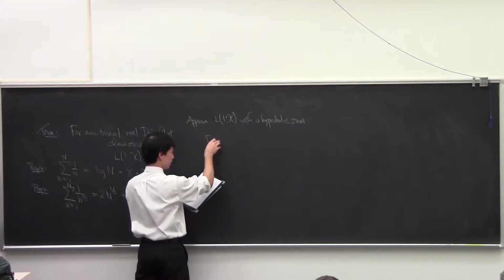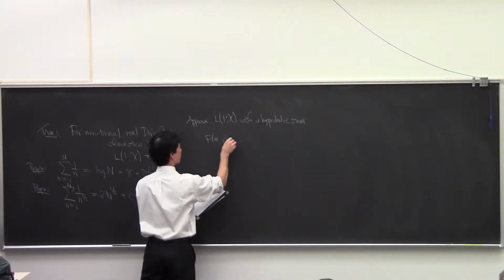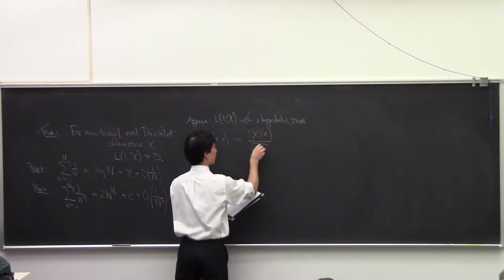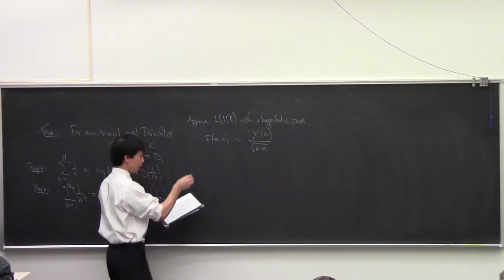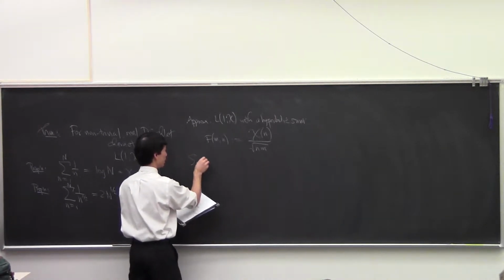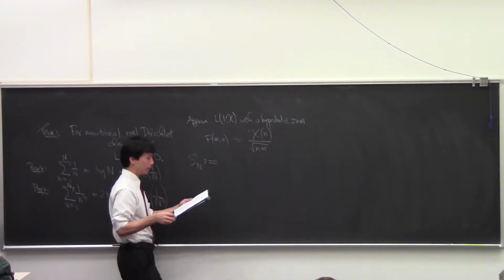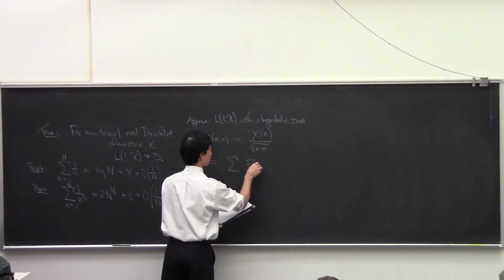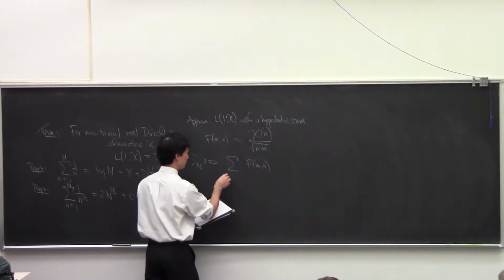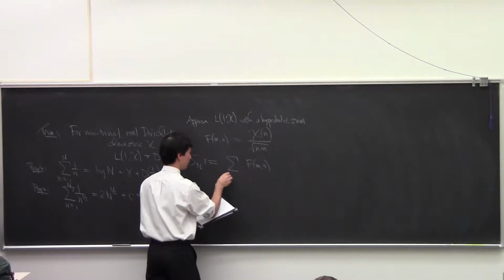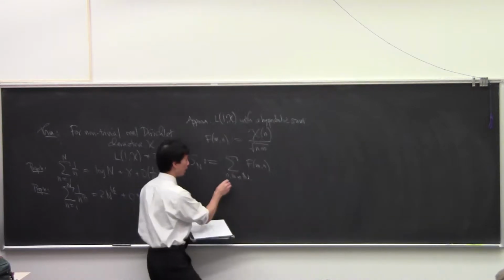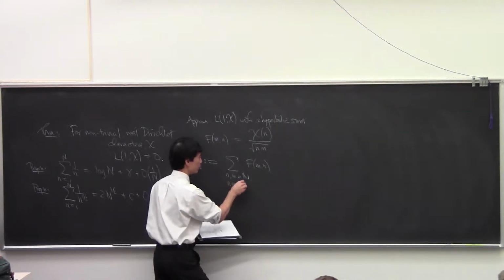We let f(n, m) be defined as chi(n) over the square root of n times m. And then we define the hyperbolic sum, S(N), as the sum of these f(n, m), as n and m range over natural numbers whose product is less than or equal to N.